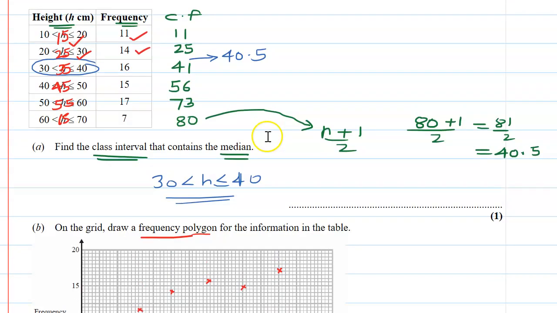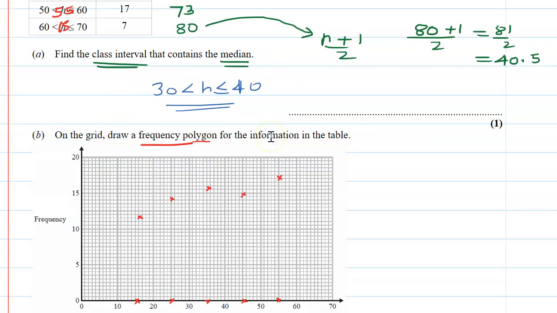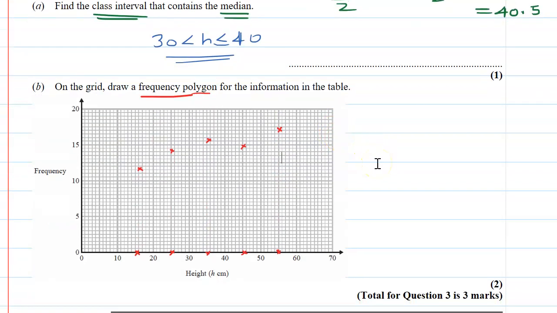And the last one is 65 and 7. So this will be 65 and 7. 7.5 will be here. So like this. Now with the help of a ruler you can draw the lines, so it will be like this, and you can join them. So this is your frequency polygon.